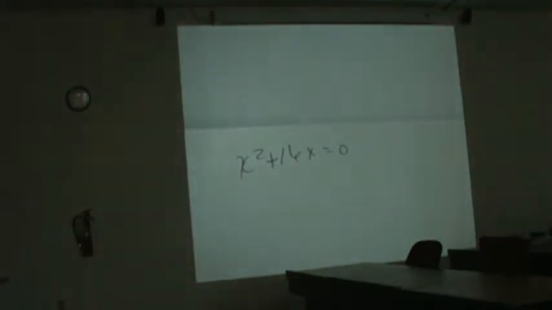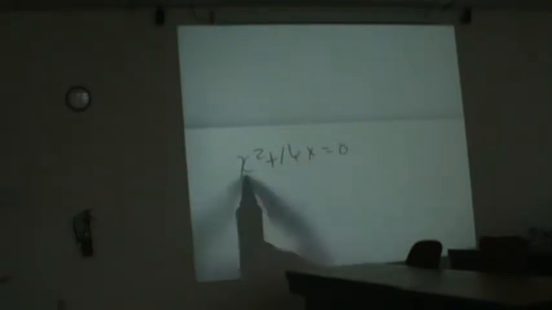Okay, next, how about x squared plus 16x equals 0? How are we going to factor that one? What's the first thing you look for when you're factoring? Common factor. Is there a common factor? X. They both have x.